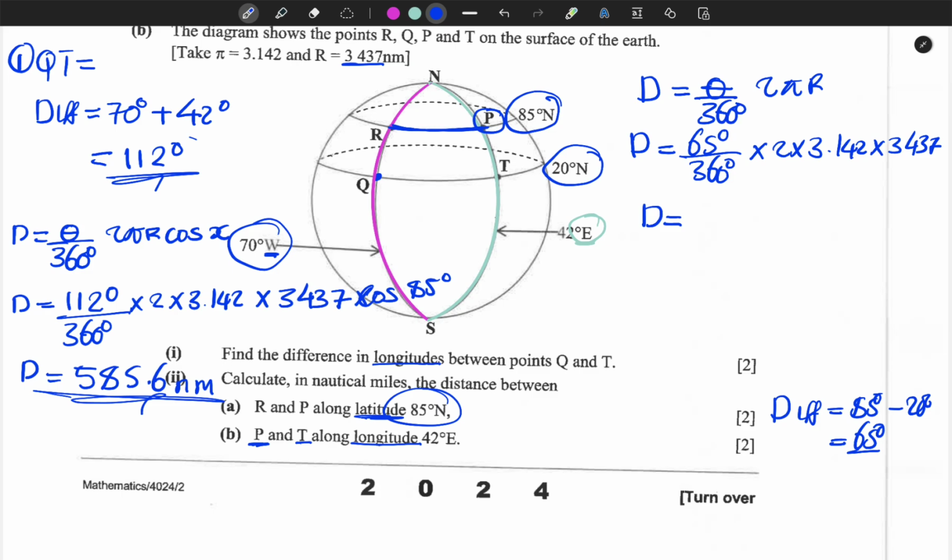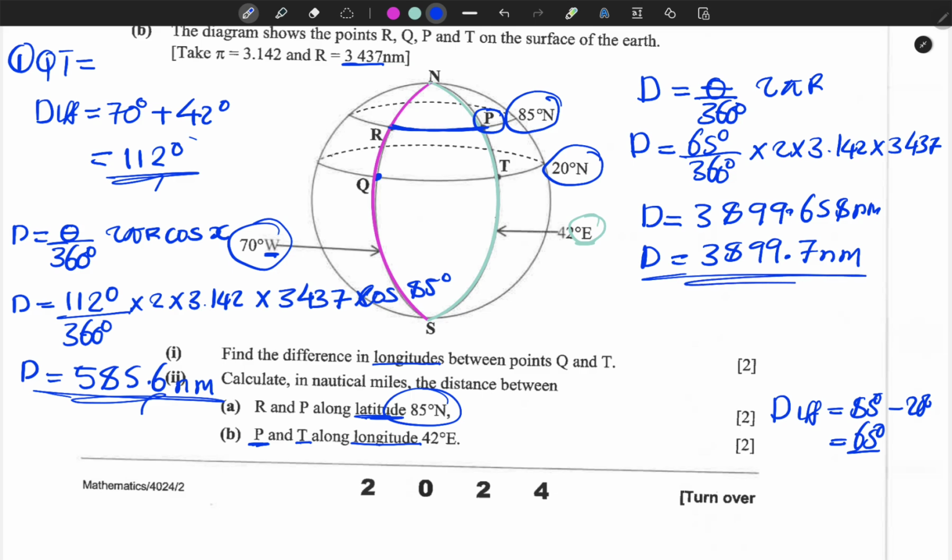From what I'm getting, it is 3,899.658 nautical miles, which is 3,899.7 nautical miles. According to the instructions of the first paper, if the answer is not accurate, please don't forget to leave your answer to the significant figure. So for now, I'm just giving you answers like this. So as you can see, this is how you're supposed to answer these questions.